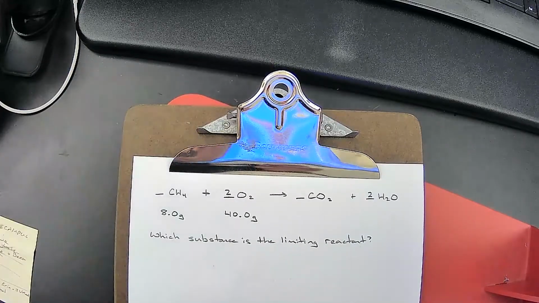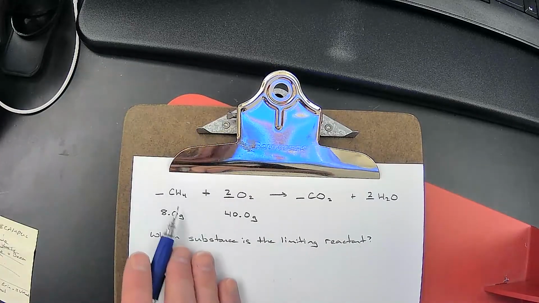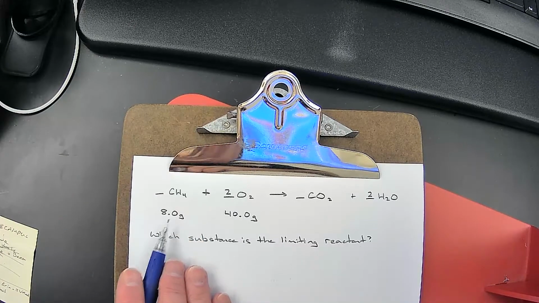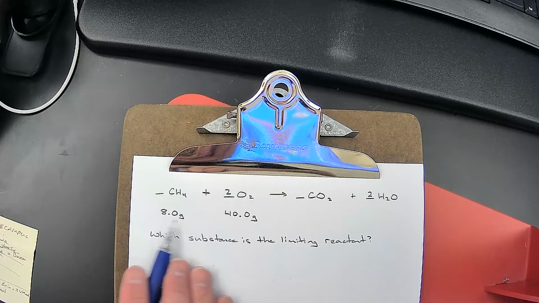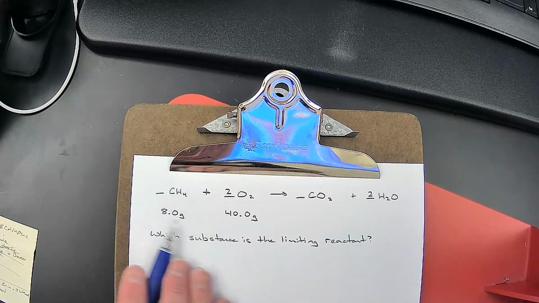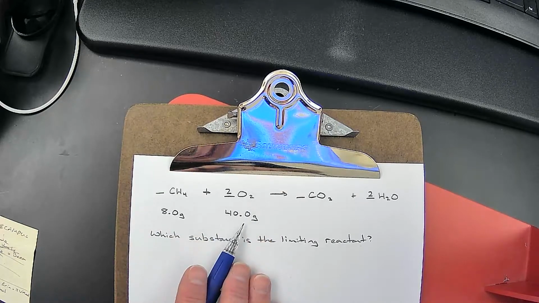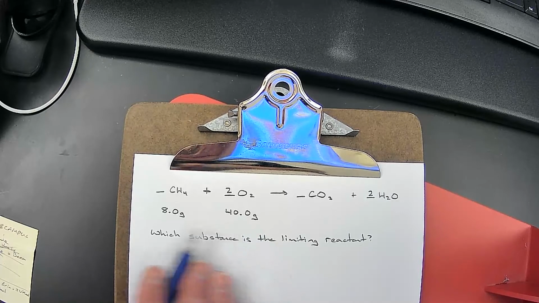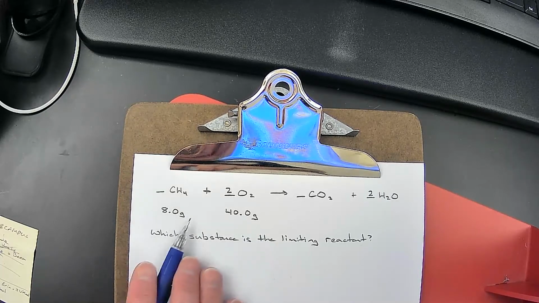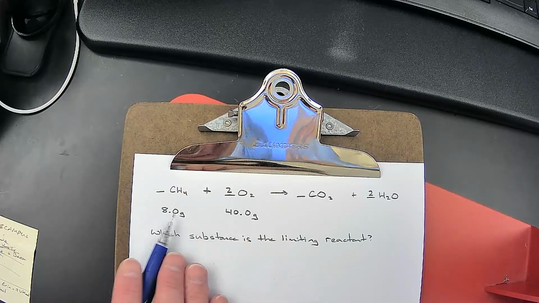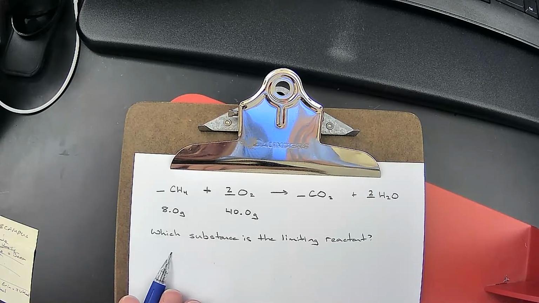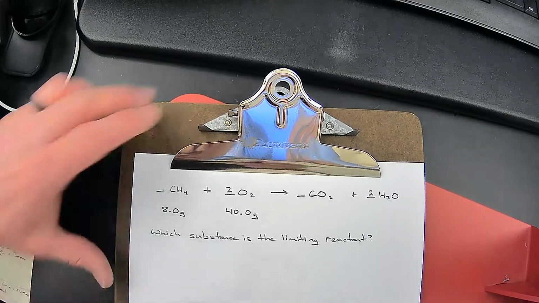So I know that I started with 8 grams of CH4, so I'm going to compare: with 8 grams of CH4, how much O2 do I need? I know how much O2 I was given. I want to find out how much O2 I need if I start with the 8 grams. Then I can compare how much I need to how much is given.